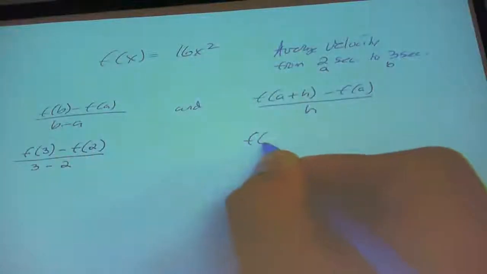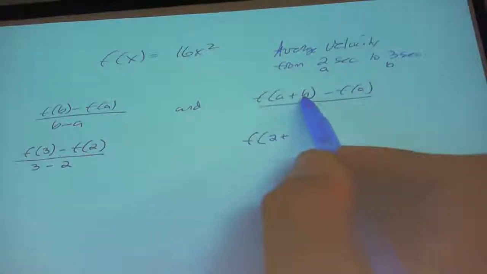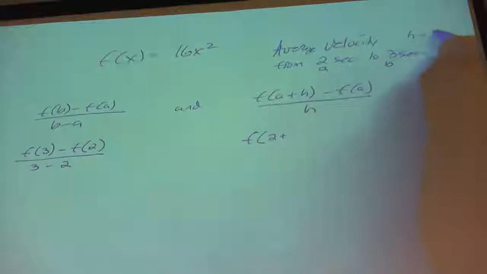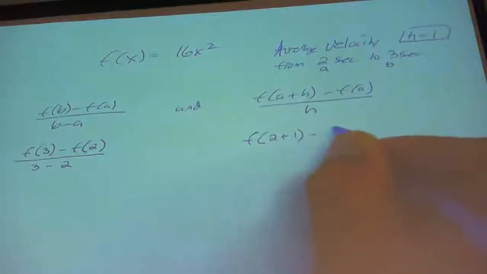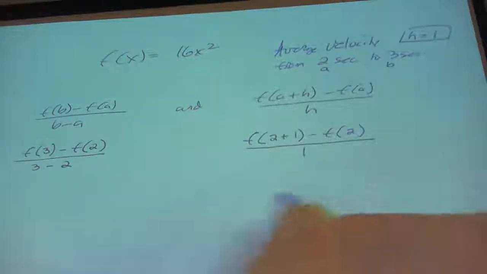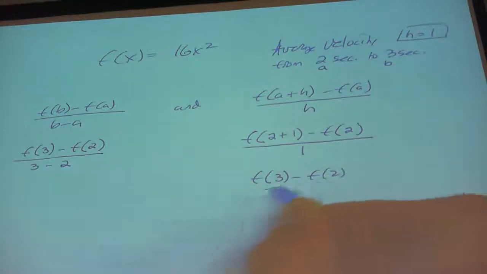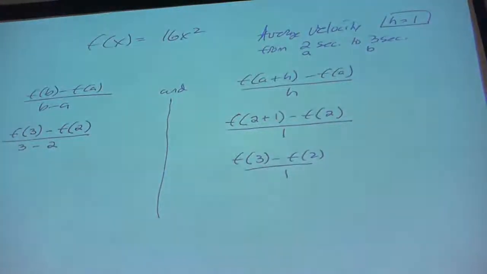At the same time, I want you to do f of what's A? 2. Plus h. H is the distance from 2 to 3. So what would h be? 1. 1 second. Great way to say it. So this would end up being f of 3 minus f of 2 over 1. So I want to give you some time to do both sides so you clearly realize it's the same thing.